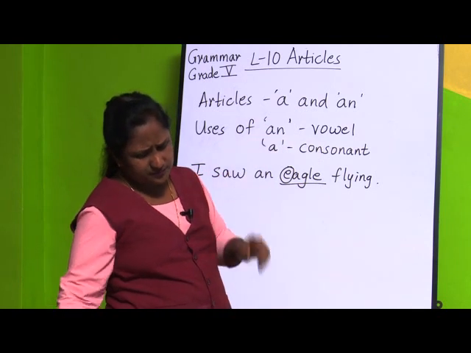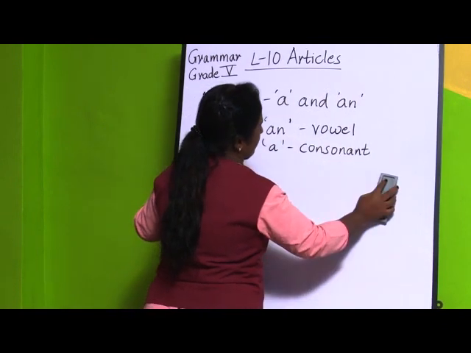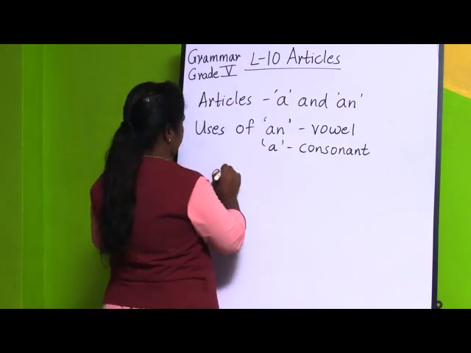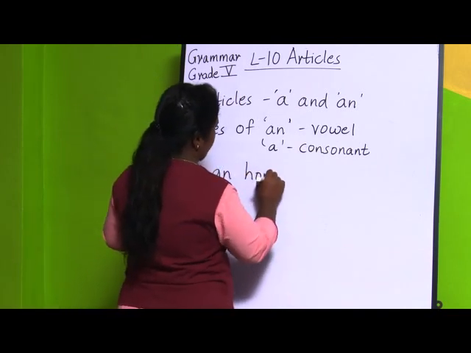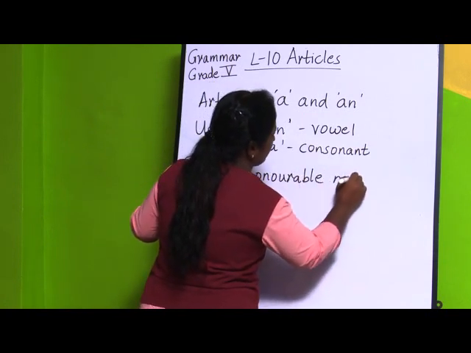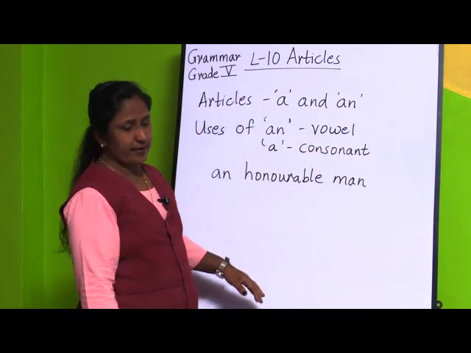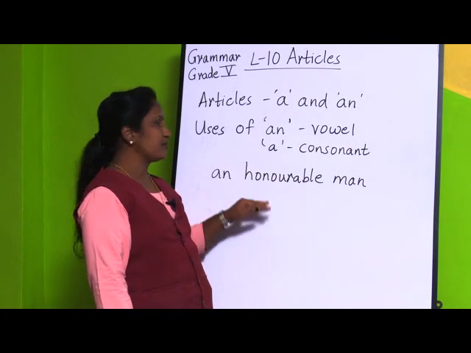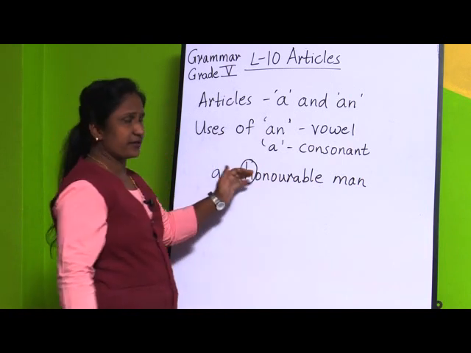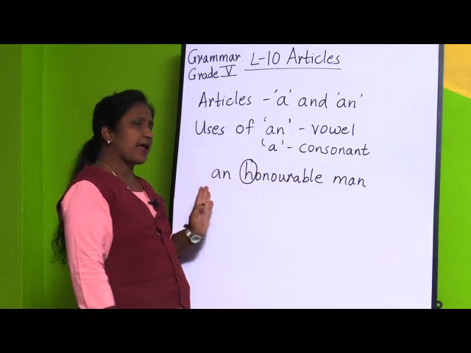Now here also some exceptional word is there. We also write an honorable man. How we have done with a one-eyed man, a one-eyed dog and a utensil, same thing here. You may be thinking this word is starting with H, that is, with a consonant, so why has the teacher written an over here?